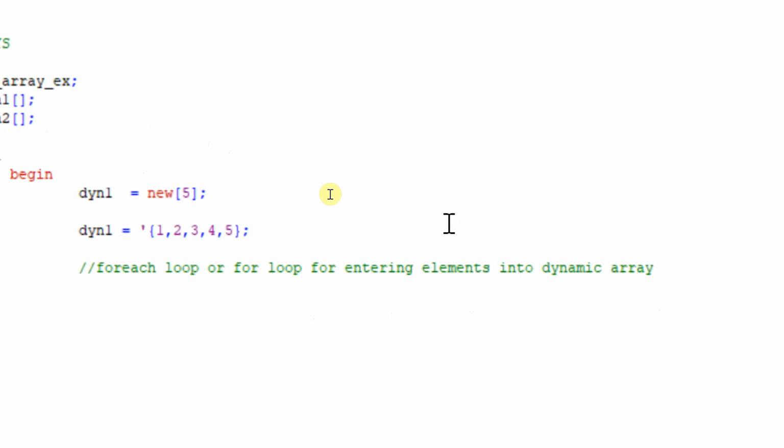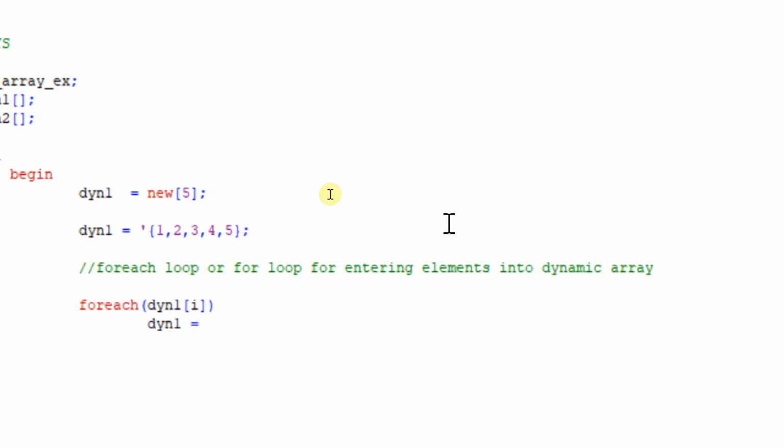I will show how to enter elements using a foreach loop and a for loop. Using a foreach loop, what I can do is foreach dyn1 of i. The explanation of the foreach loop is already done in our theory sessions. If you have not watched that, please watch it.